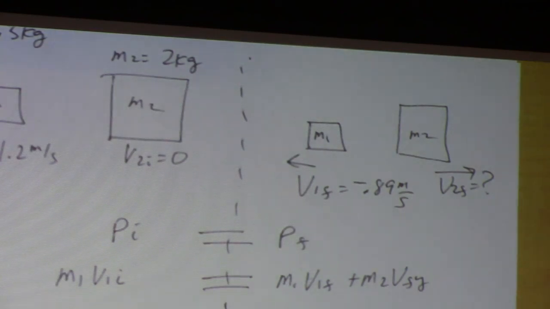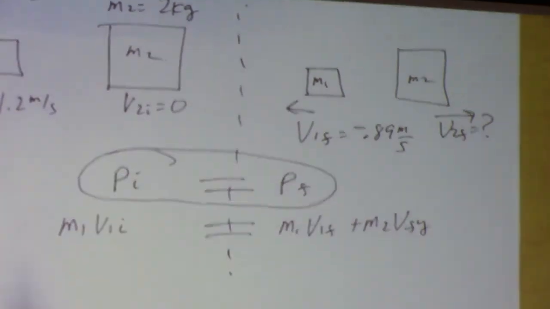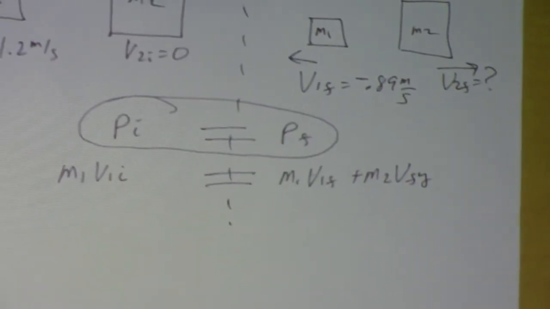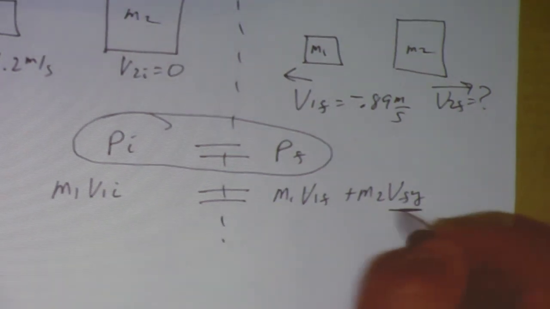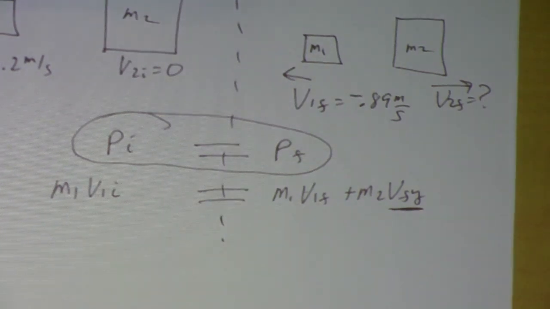Okay, so whenever you have a collision, the way to solve collision problems is to use conservation of momentum. That means the initial is equal to the final. Okay? And then it becomes an algebra problem. We know everything except for what we're looking for. The only thing that we don't have is V2 final. So let me do just a little bit of algebra here.